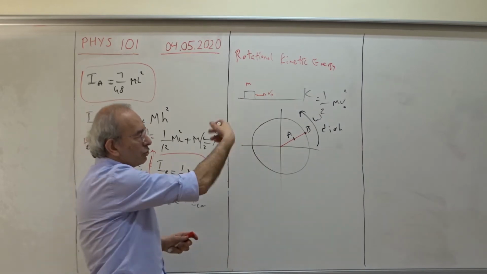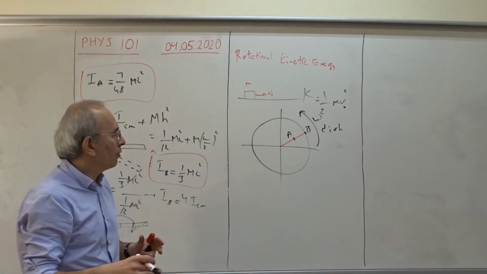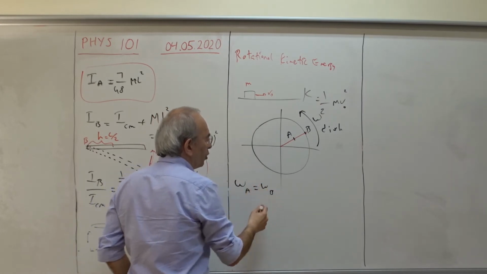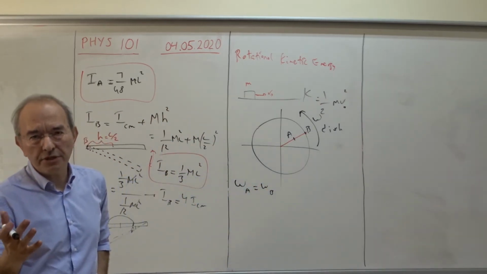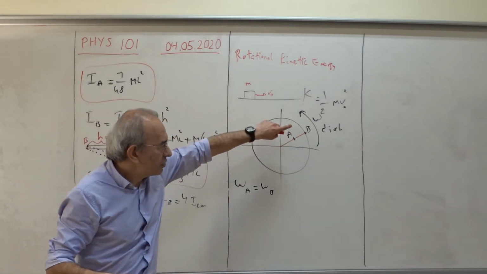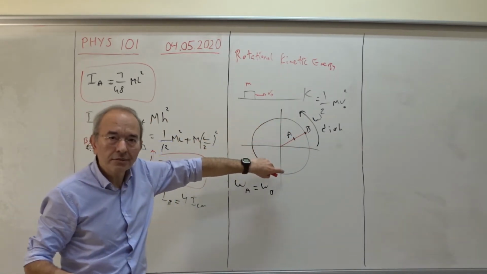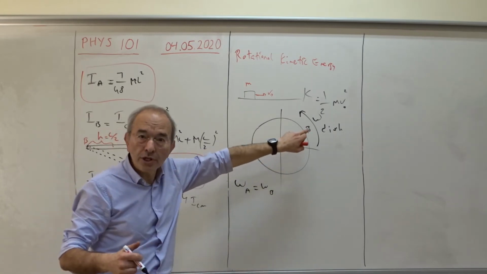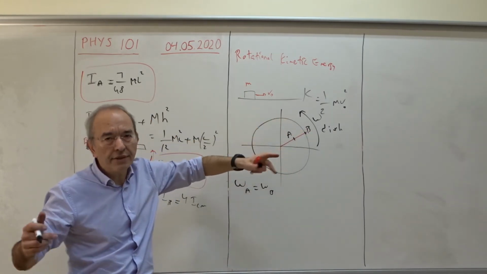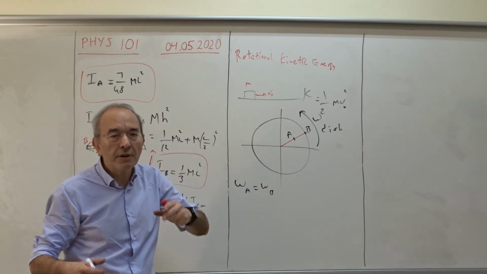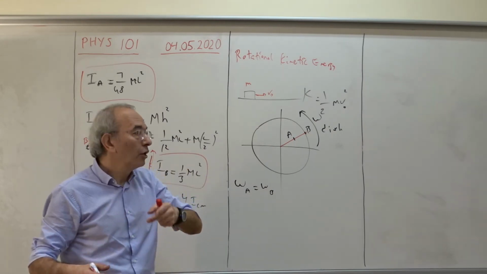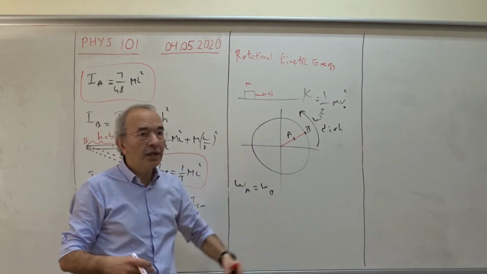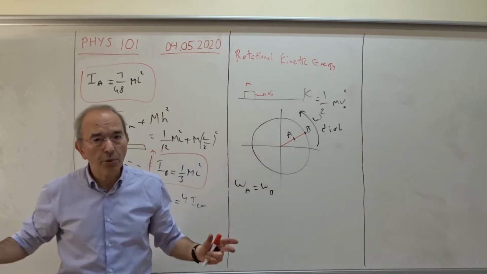If that is the direction of rotation omega, then omega for point A and omega for point B are the same, as I said previously. If this circle completes one full turn, point A makes a full turn, point B makes a full turn, and the angles they sweep are equal: 360 degrees, 2 pi radians for A, 2 pi radians for B, 2 pi radians for any other point.